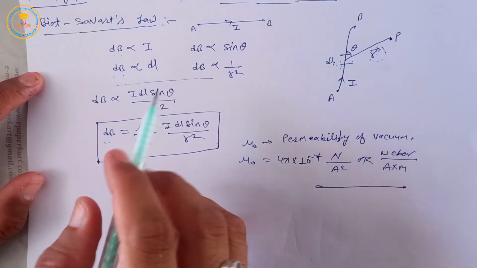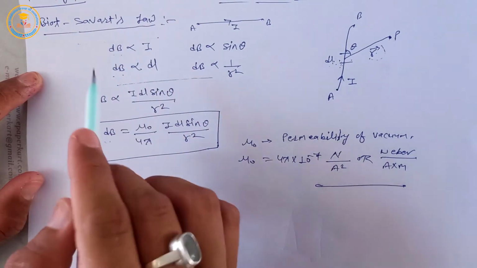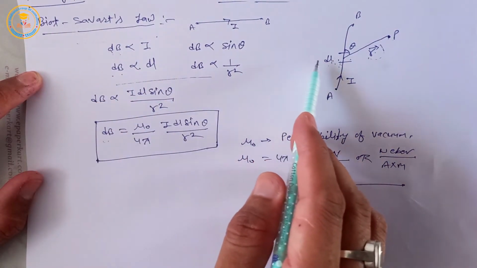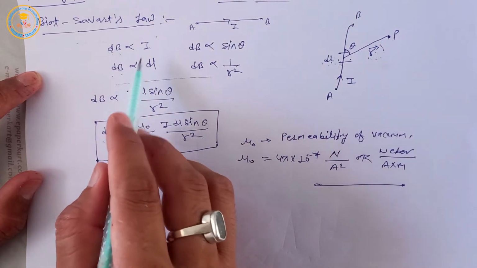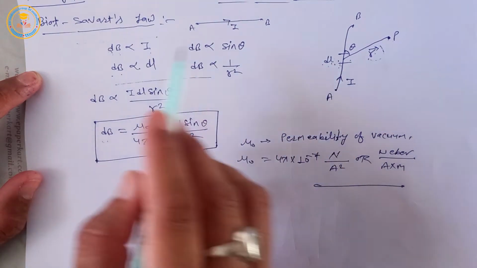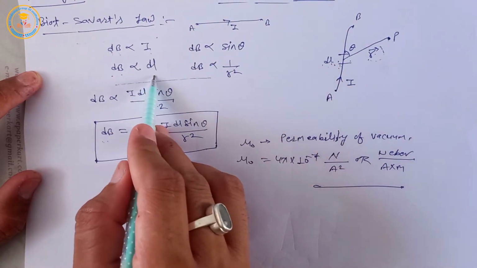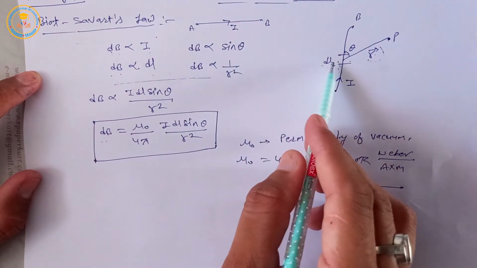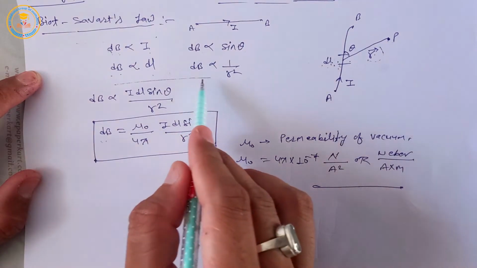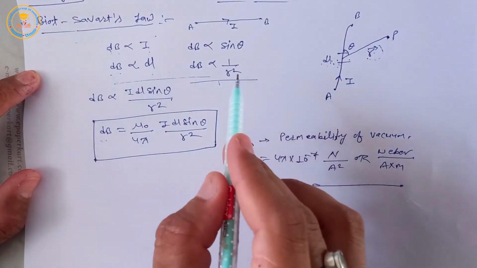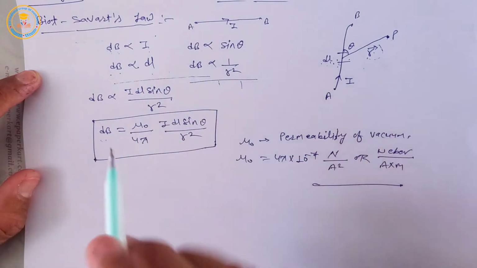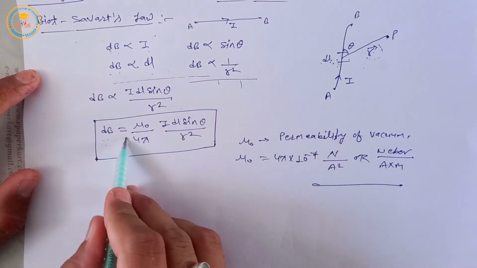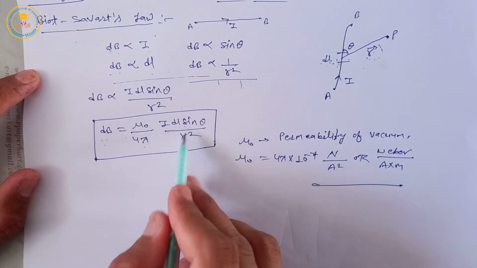Again, I repeat, according to the Biot-Savart law, the intensity of magnetic field due to a small current carrying element is directly proportional to the electric current flowing through this element, directly proportional to the length of the element, directly proportional to the sine of the angle between the dl vector and the r vector, and inversely proportional to the square of the distance r. Combined, we write dB directly proportional to I dl sine theta upon r square, and finally we get dB equals mu naught upon 4 pi I dl sine theta upon r square.